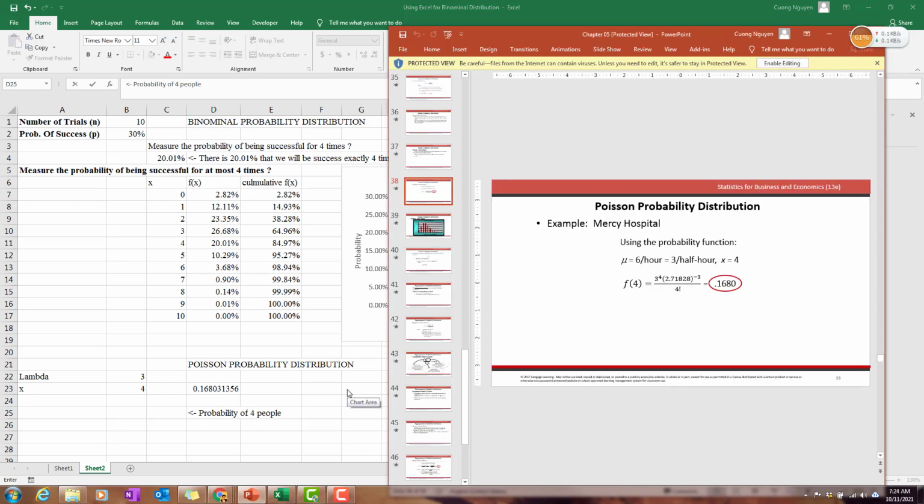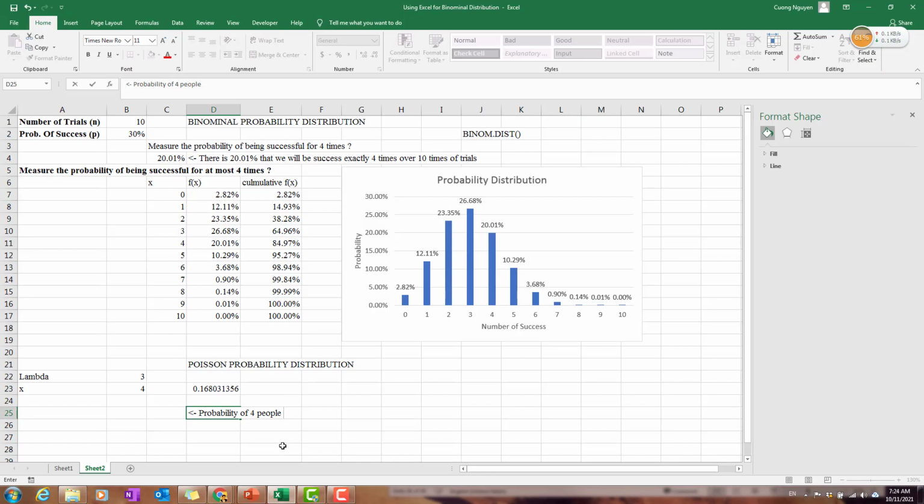Yeah, that should be 4 people coming into the hospital, which will be 16.80%.